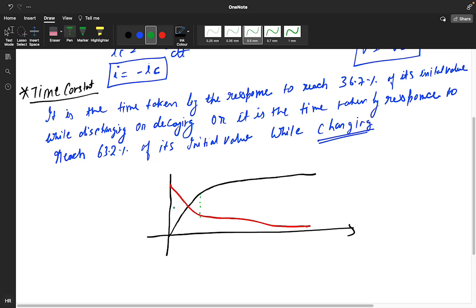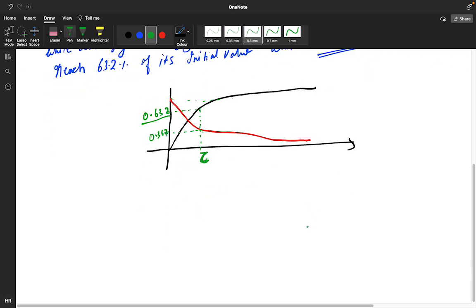Suppose this is your final position. The value of this will be 0.632. At what time are you getting 63% of the overall value? This is your time, and while discharging, at the same time, the curve will be 0.367.